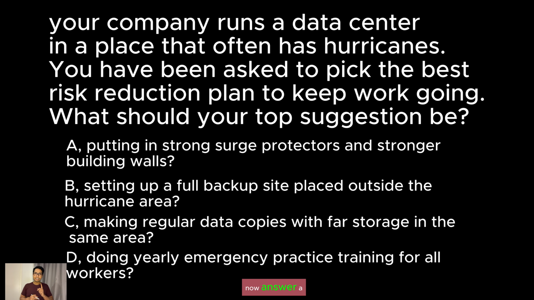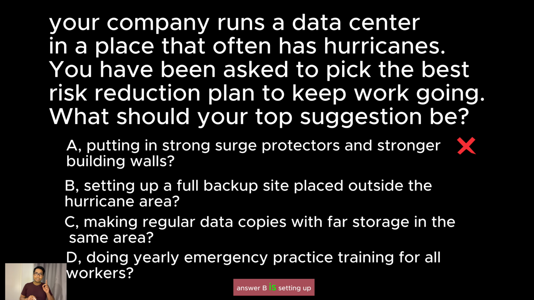Now, answer A suggests technical steps like a surge protector and stronger walls. Yes, these are helpful, really helpful, but they mainly focus on surviving the first hit of the hurricane, and there is no promise, no guarantee that this step will survive a bad storm. So that answer is clearly out, right?